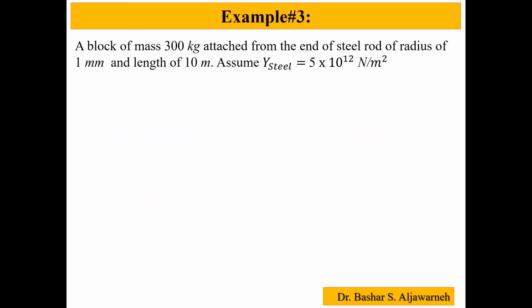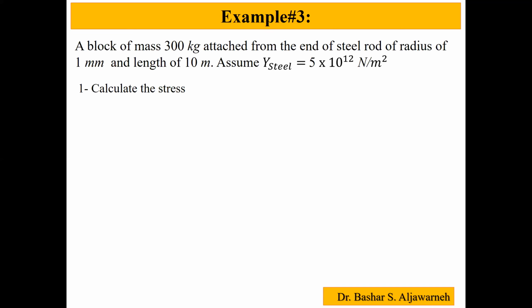Another example, a block of mass 300 kilograms attached from the end of a steel rod of radius of 1 millimeter and length of 10 meters. Assume Young modulus of steel is 5 times 10 to the power 12 Newton per meter square. 1. Calculate the stress.